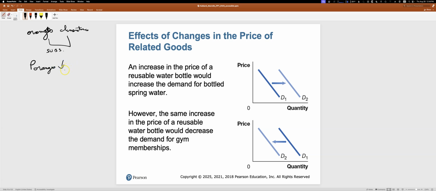What do you know with certainty? You know from the law of demand that the quantity demanded of oranges is going to go up.